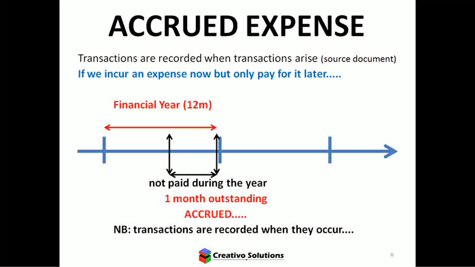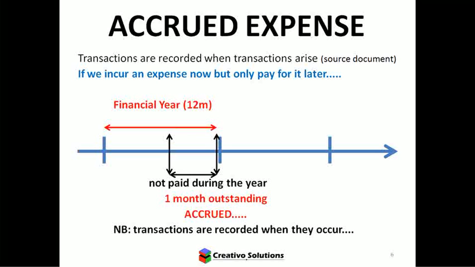The bill will only come at the start of the next month, because that's when I actually know exactly how much I've used during the previous month. So if I'm looking at that 1 month in terms of the bill that's outstanding, it meets the definition of a liability. A liability arises today that will lead to an outflow of future economic benefit in the future.